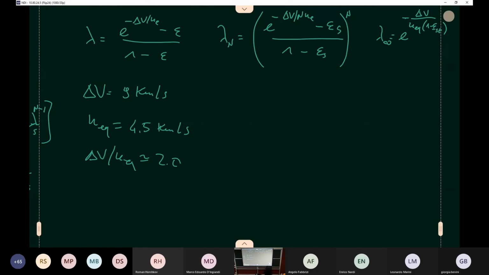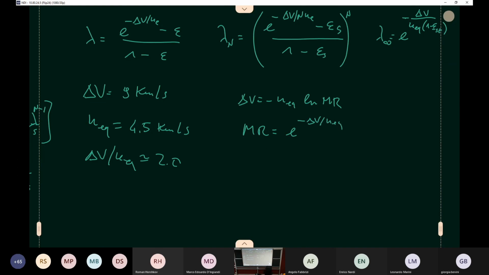So now let's use this value inside these expressions, and let's see the limiting case. First of all, this is of course also the mass ratio. We have delta V equal to minus u_eq logarithm of mr, so mr is equal to e to the minus delta V over u_eq.